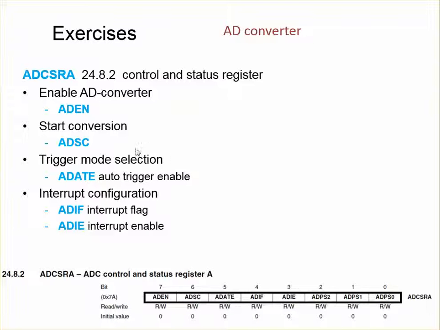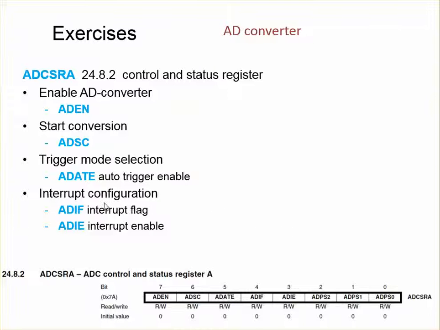And then there is the trigger mode selection. By this bit we could choose the single shot mode or continuous conversion mode. And when the conversion is done, we could also get that information from this interrupt flag bit.